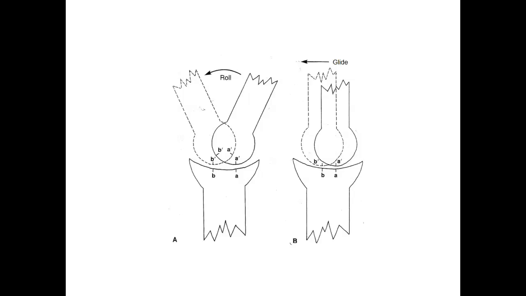My femur is going to roll right off my tibia unless I glide and keep it centered in the joint. So in this case, it's a convex moving on a concave. When I flex, my femur is moving posteriorly. So the glide is opposite. The glide is anterior.